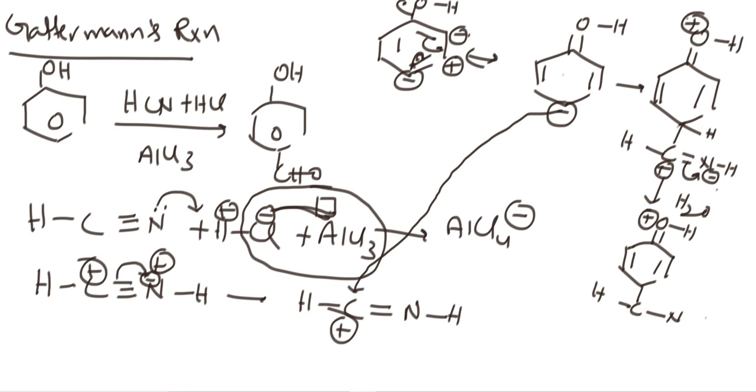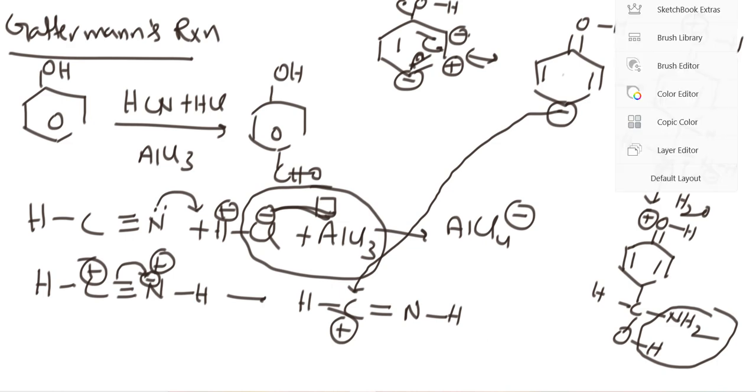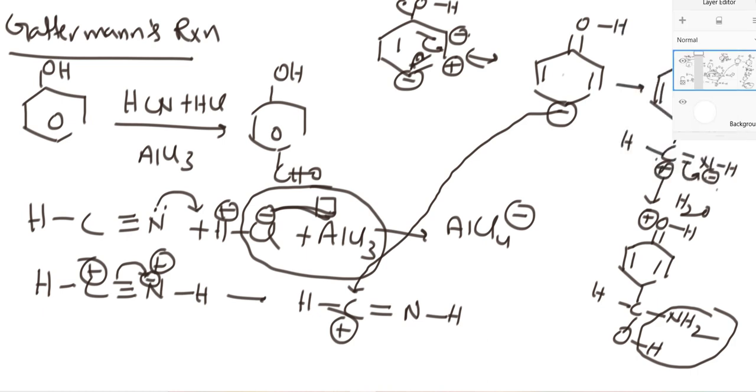Here OH is added. Then it becomes NH2. Here OH is added, here H is added. Then what is the part eliminated? Ammonia is eliminated. Then I will write it in the next page.